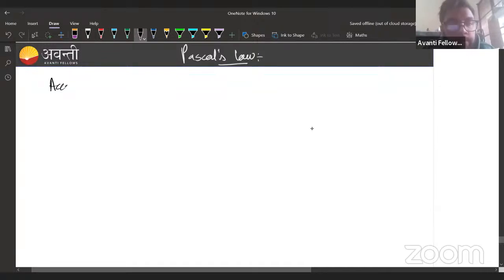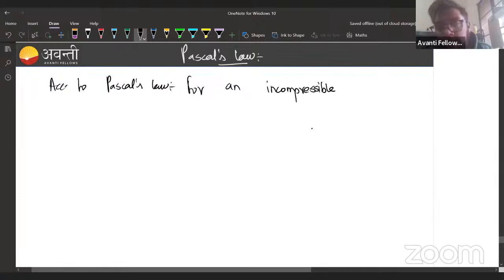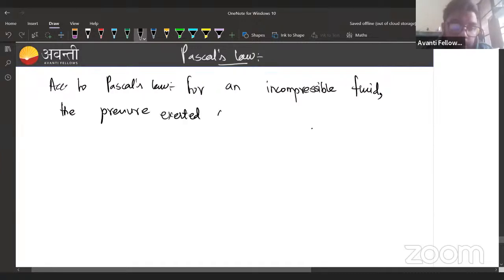According to Pascal's law, for an incompressible fluid, the pressure exerted anywhere is transmitted equally in all directions.